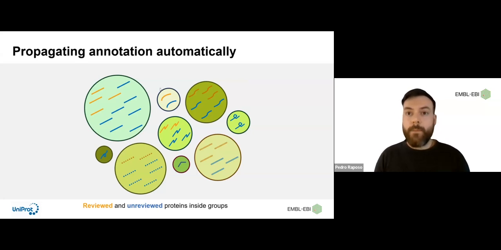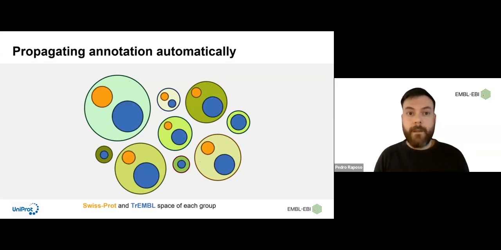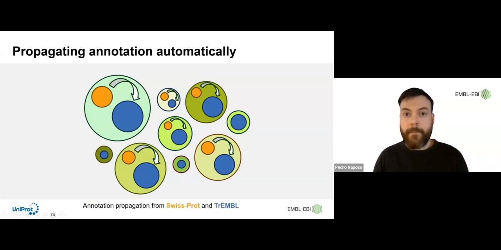And we can think of these a bit more abstractly. We can say that each group can be composed of a SwissProt space and a TrEMBL space. After confirming that each group has homogeneous proteins, and by that I mean that all proteins from a group have the same annotation, we can propagate information from SwissProt to the TrEMBL space.